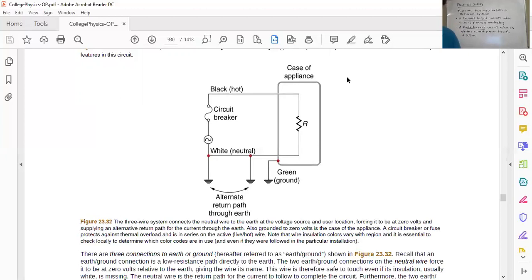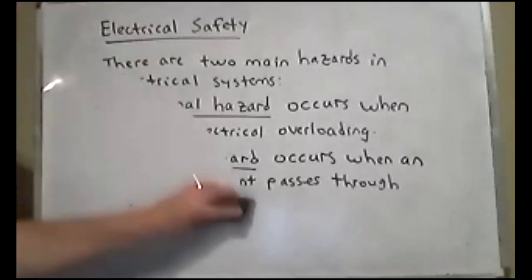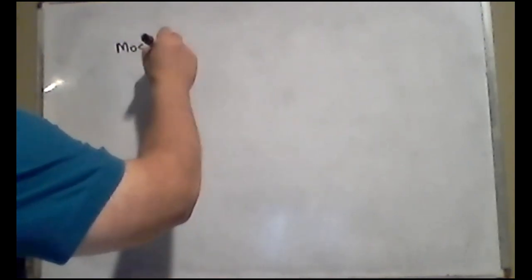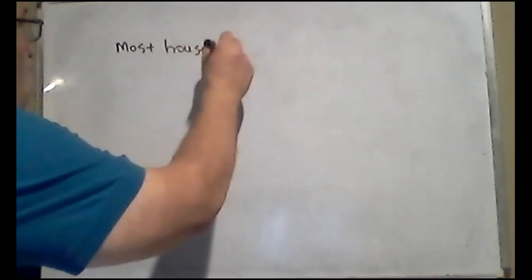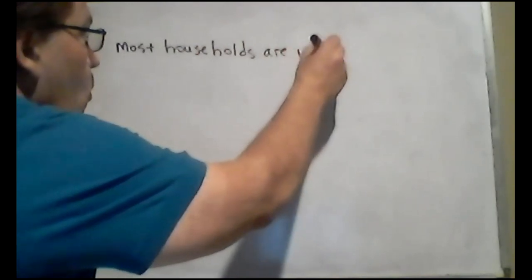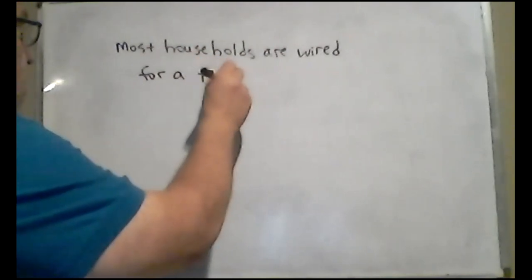If your house is wired for safety, it should be wired for a 3-wire system, as it's called.